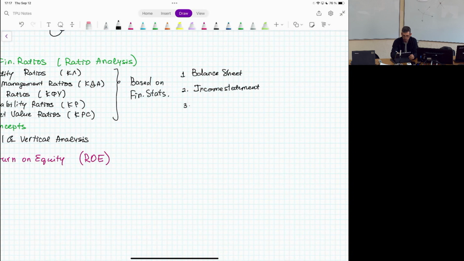We will need number 3, the cash flow statement. And we will need number 4, statement of changes in equity.